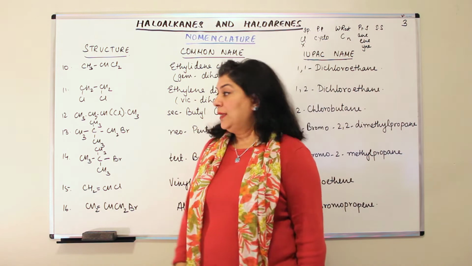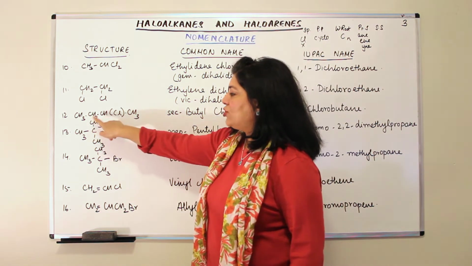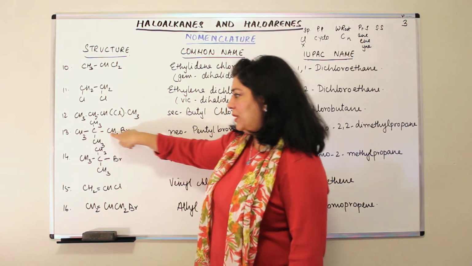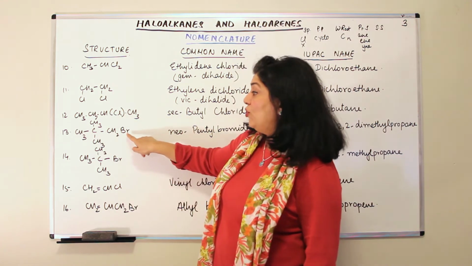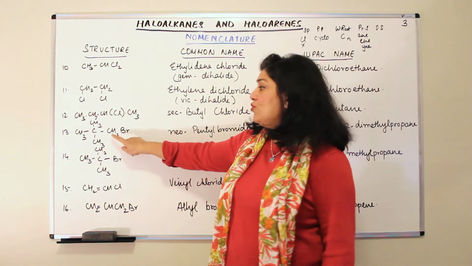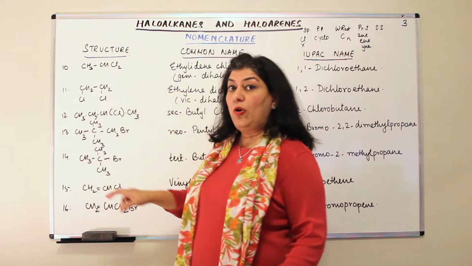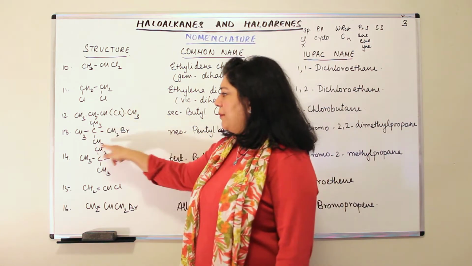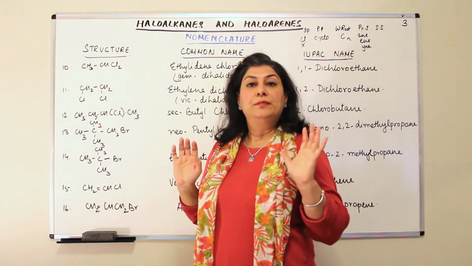Example 13. In example 13, there are two branches, two methyl groups attached to the second carbon atom. So you have CH3, CH3 forming the main chain, and two methyl groups attached to the second carbon atom, and the bromine is attached here in the end to one of the carbons. Now these two are methyl groups according to IUPAC nomenclature, but according to common nomenclature, this compound has 5 carbon atoms, therefore it is forming a pentyl group, right?